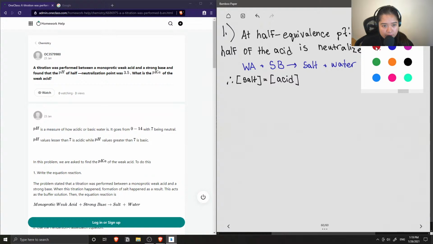So now that we know the concentrations at half equivalence point, we can plug them into the Henderson equation.